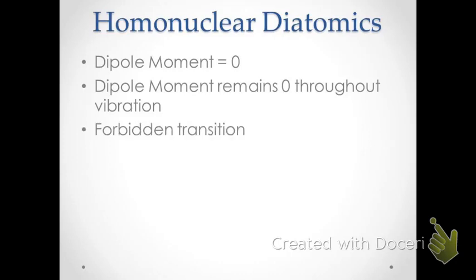And so what that means is that homonuclear diatomics won't exhibit an infrared spectrum. The transitions are forbidden. They are IR inactive. And so when you do an infrared spectrum, you don't have to worry about N2 or O2, which of course are in the atmosphere, interfering with your spectrum.